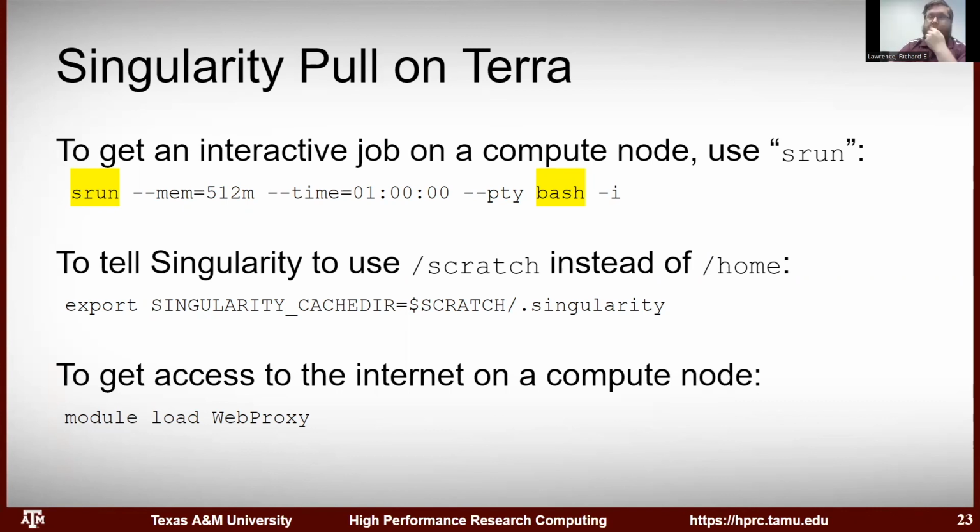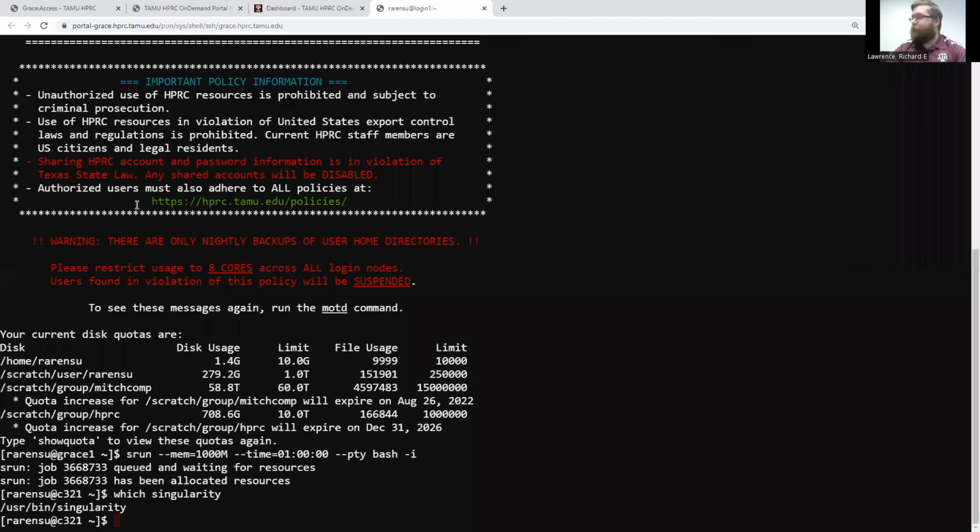And in Bash, the way you set any environment variable is with the export command. So export SINGULARITY_CACHEDIR equals, and then anywhere in your Scratch area. I like $SCRATCH/.singularity. Dot means it will be invisible, so it won't bother you. Let's go ahead and set that up.